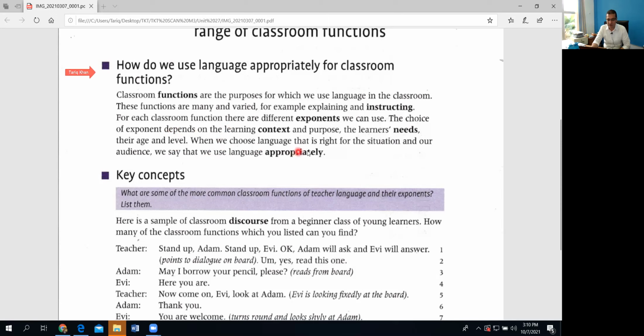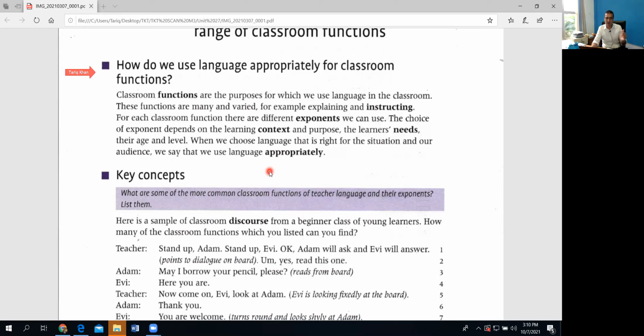When we choose language that is right for the situation and our audience, we say that we use language appropriately. Whenever we use language that is suitable for our listeners, audience, and the language which we have chosen. For example, if the situation is formal and we talk in the informal way, it would not suit it.